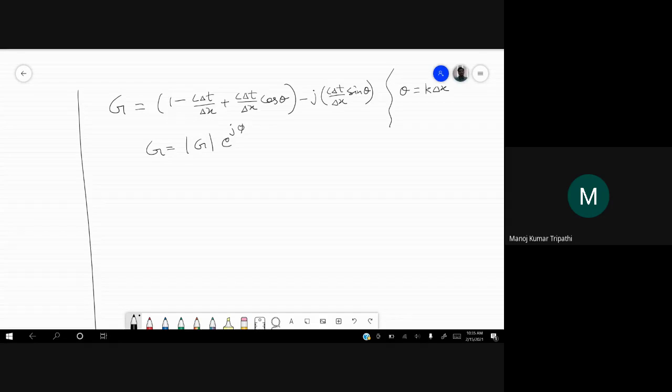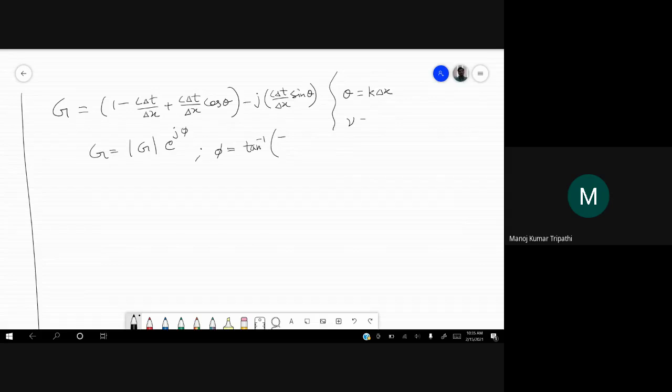J is still square root of minus 1, where phi will be equal to the angle this complex number makes on the Argand plane. Let me also call C delta T by delta X as nu.